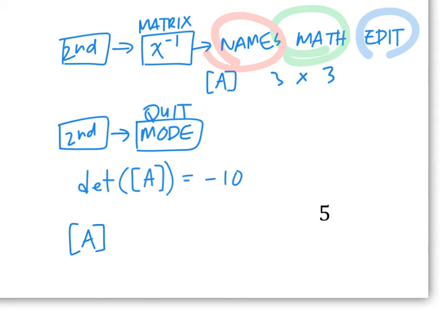And then what you're going to do is put the -1 button, the inverse button. The inverse button is that button that you chose matrix from, x to the -1, that will automatically add an inverse. And then press enter. It's an ugly matrix, but that's the inverse matrix. Are you guys with me? No?